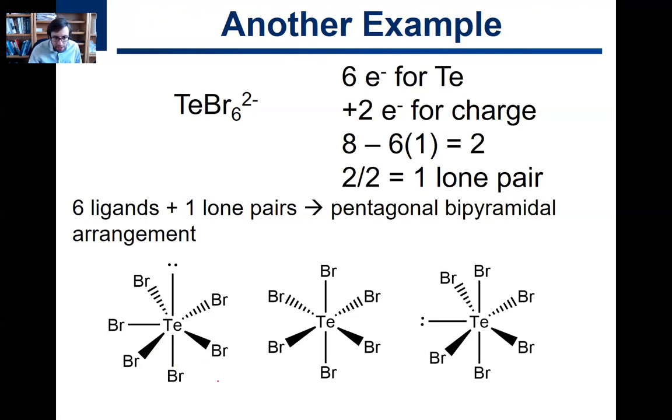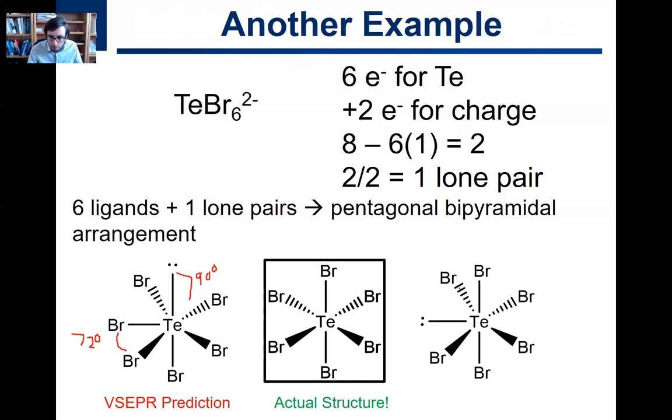Why is that? Because the equatorial site here, what's the angle there? It's actually 72 degrees. That's in the pentagon. 360 divided by 5, that's 72 degrees. This is a right angle at 90 degrees. So now with the pentagonal bipyramidal arrangement, the axial ligands are actually the roomiest sites.